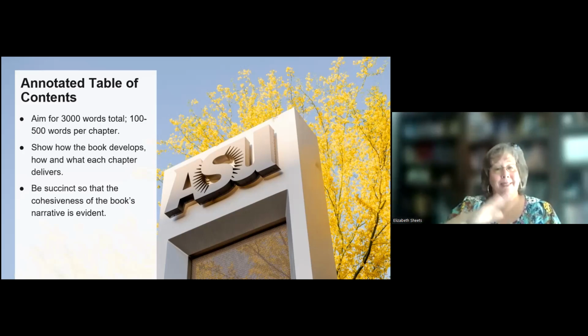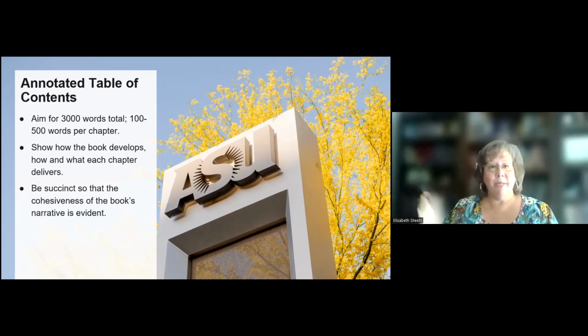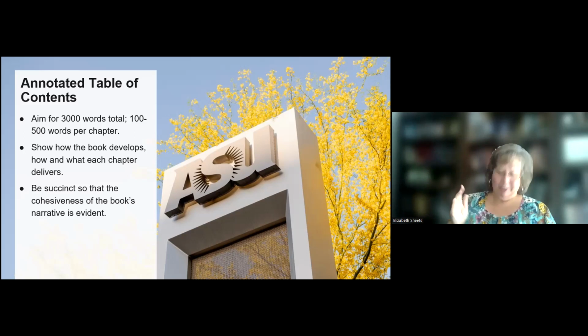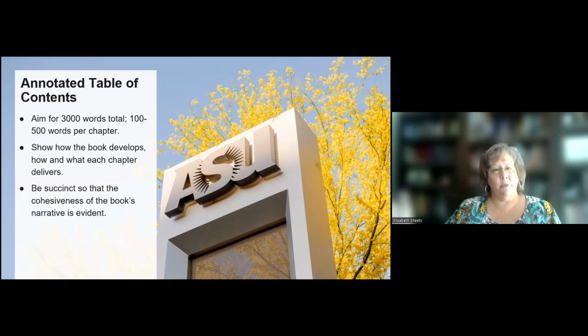Like it will make sense the way that they're moving. And if they don't, that's a great time for you to revisit your manuscript. But that will be your table of contents. So chapter name, and then a short description of what does that chapter provide, or how does that move forward towards your conclusion.